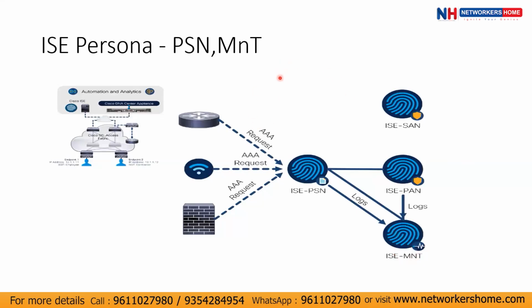So if you have one ICE box, you can have all the personas within it. And if you are using a large deployment, then you can segregate different ICE nodes to different personas. Like this dedicated ICE is acting as a PAN, this dedicated ICE is acting as a PSN, likewise. But for standalone, it will be all in one.